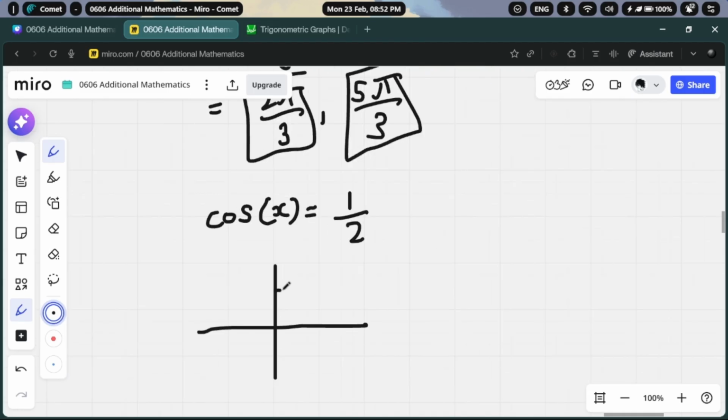So once again, if I were to make this, it would be something around here. Now this point would be 90 over here, where the x-intercept. So half of that would be 45 around here. Now we're talking about 60.